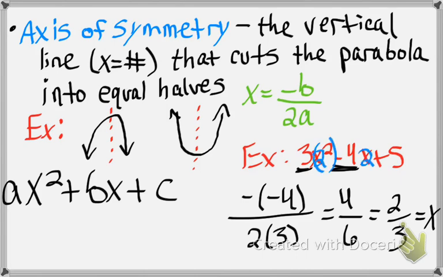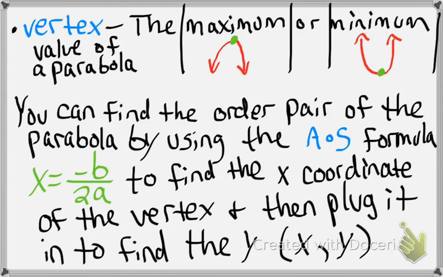So 2 squared is 4, 3 times 4 is 12, negative 4 times 2 is negative 8, so we have 12 minus 8 is 4, plus 5 is 9. So altogether we would find out y equals 9. When x is 2, y is 9. That would tell us, if we were to actually do this, our ordered pair of our parabola would be (2, 9).